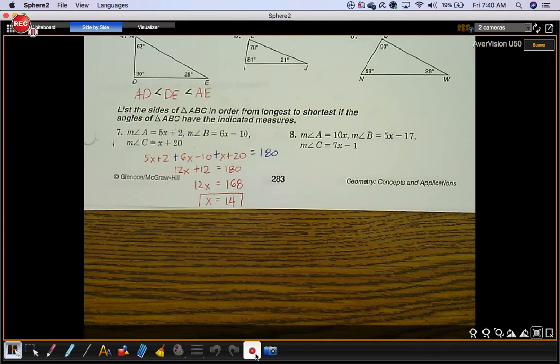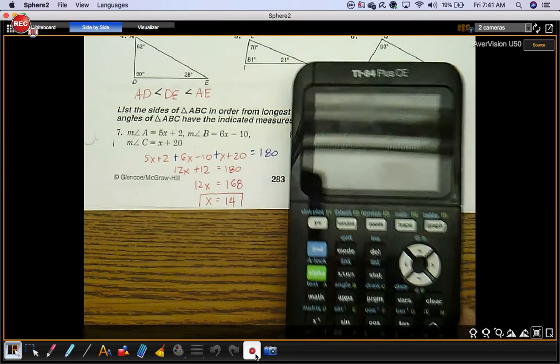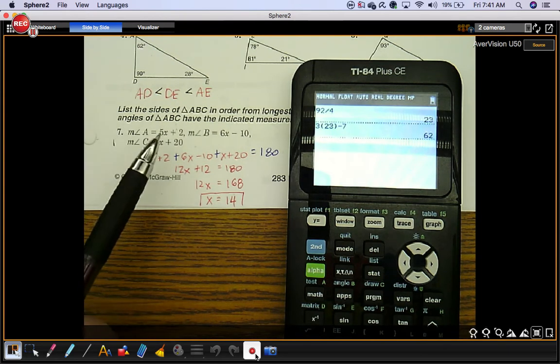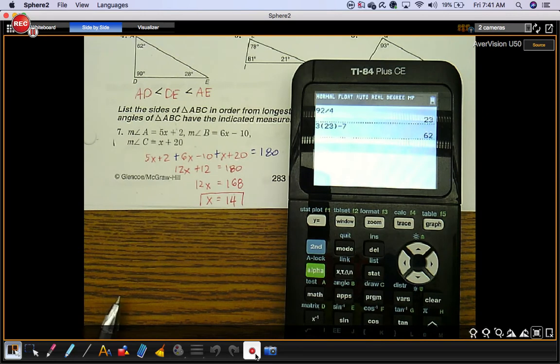Now you need to take that value of x and plug it back in. I'm going to use the calculator for that. Let's find the measure of angle A. So we're going to do 5 times 14 plus 2. Let's try that again. 5 times 14 plus 2. And that'll give you 72 degrees.